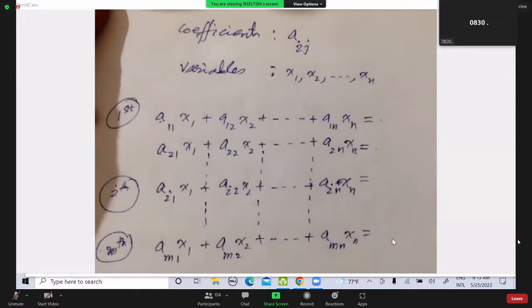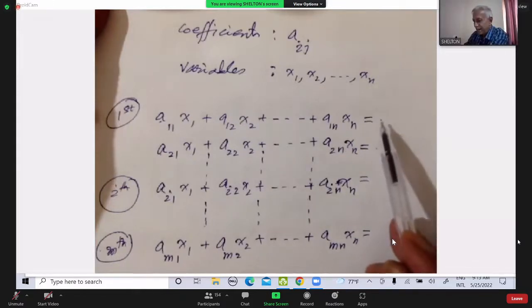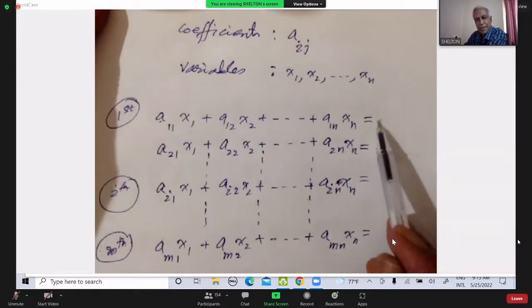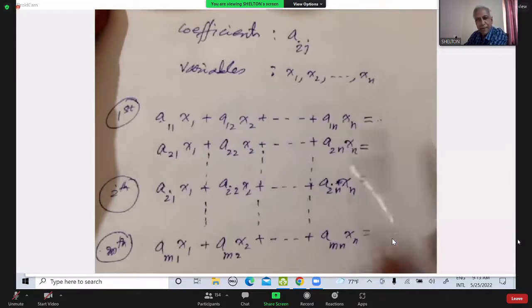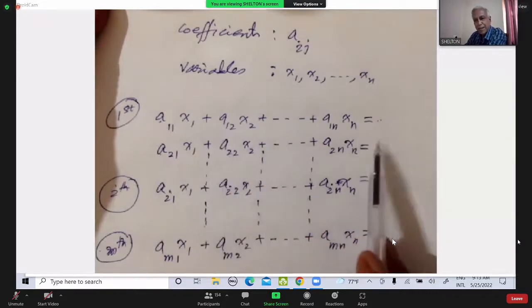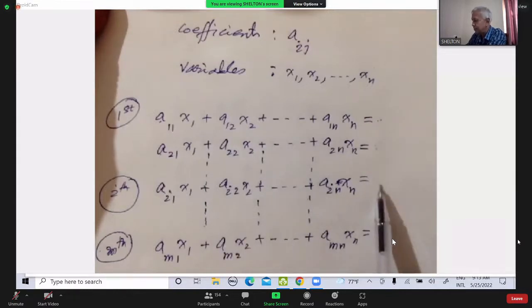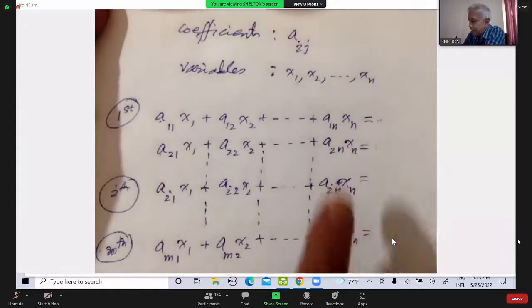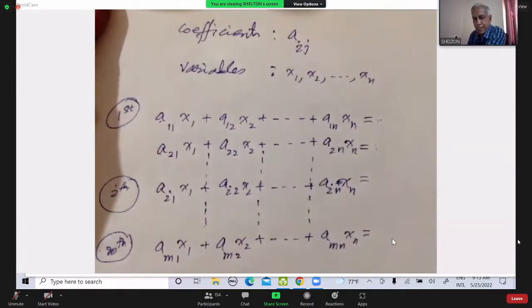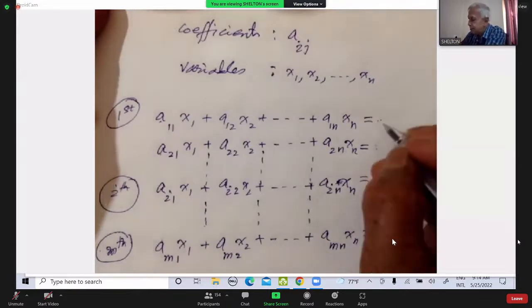Whatever symbol I use here should indicate the right-hand side of the first equation, the right-hand side of the second equation, the right-hand side of the third equation, the mth equation. So I only need m numbers, representing which equation it is in. So only one subscript is enough.